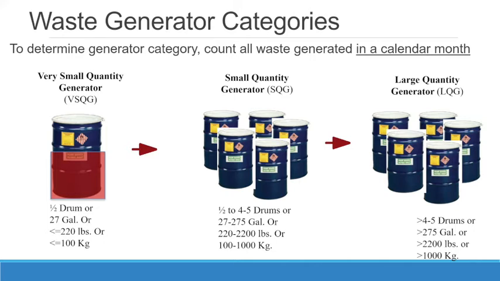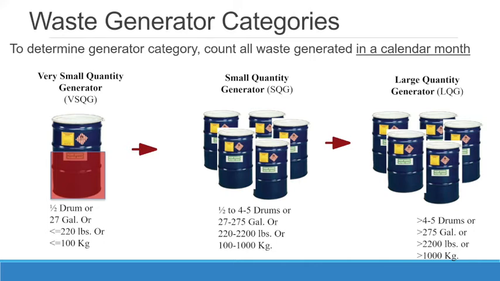Look for ways to reduce the amount of hazardous waste you're generating, or change some of your chemistry so it wouldn't be classified as a hazardous waste, because if you change your generator category from small quantity generator to very small quantity generator, the requirements you have to follow are going to be less.